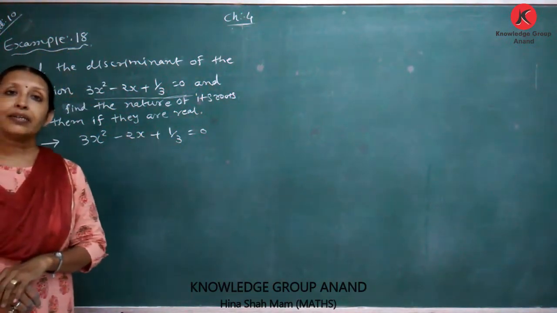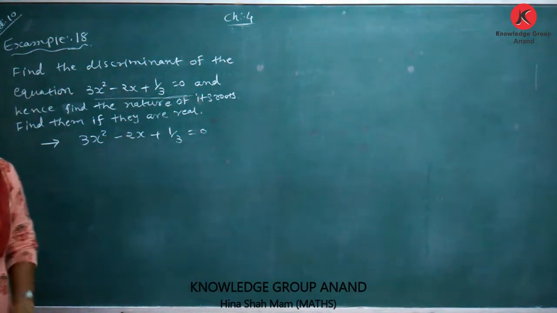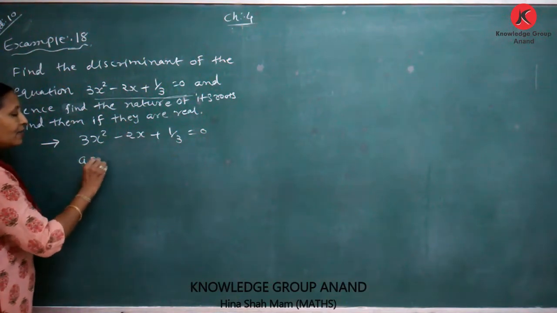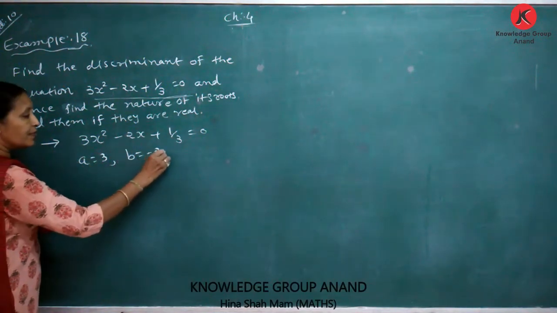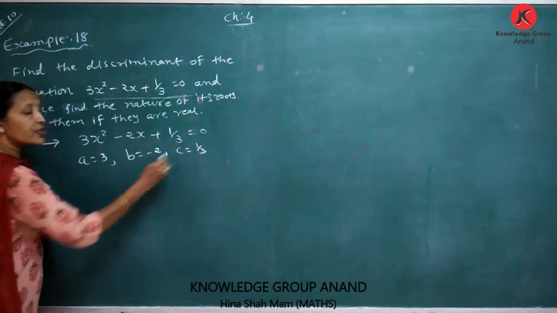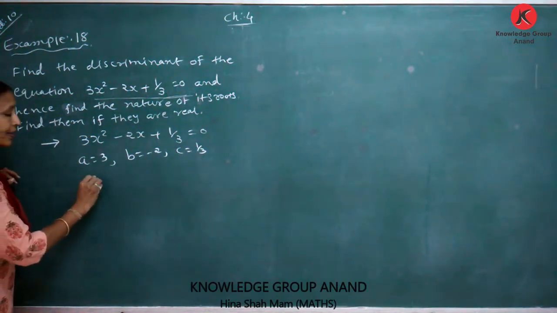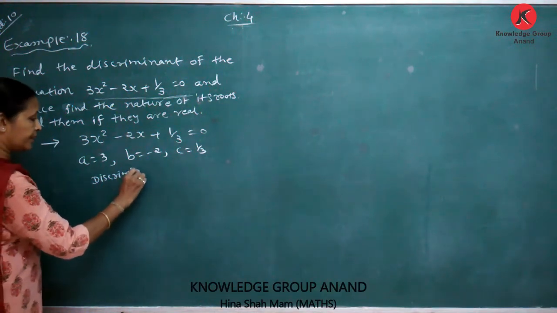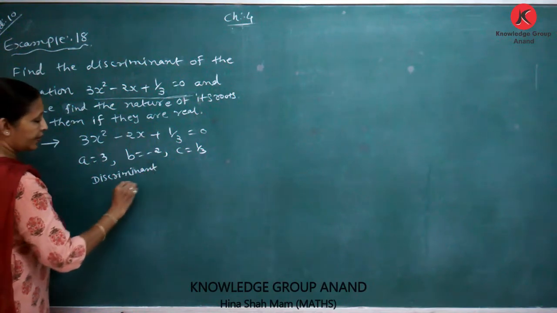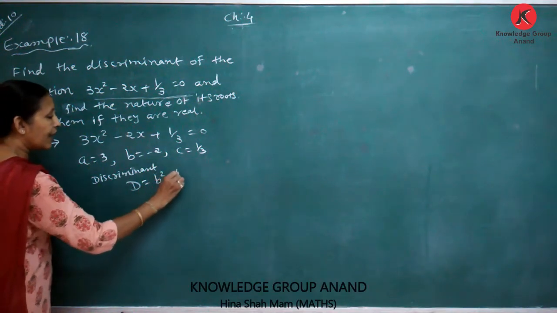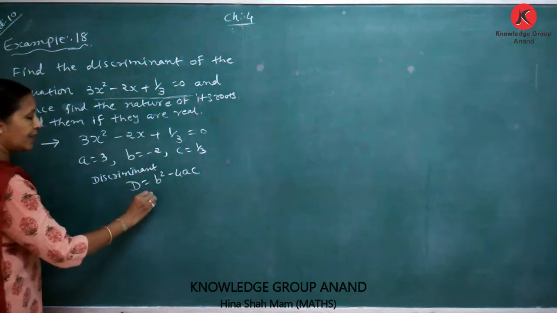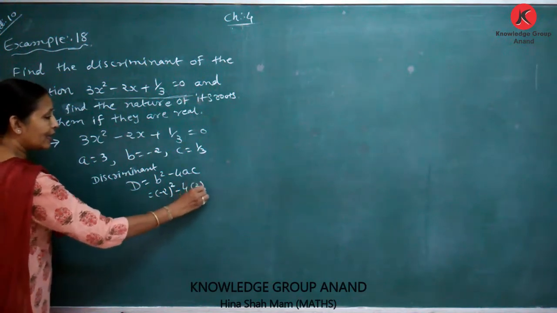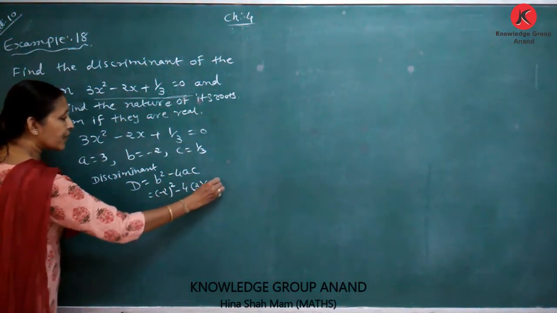What is the formula? D = b² − 4ac. Here a = 3, b = −2 and c = 1/3. So D = b² − 4ac = (−2)² − 4 × 3 × 1/3.